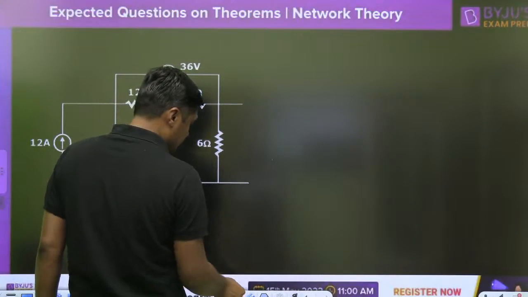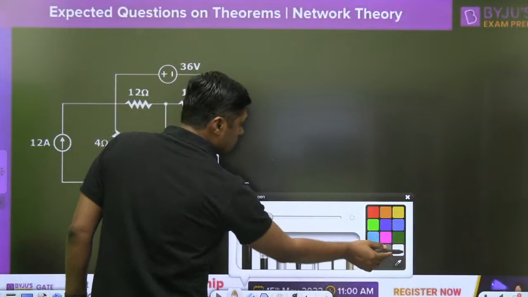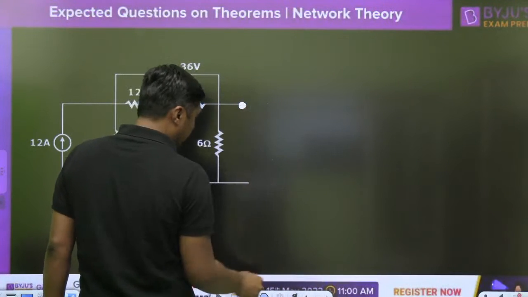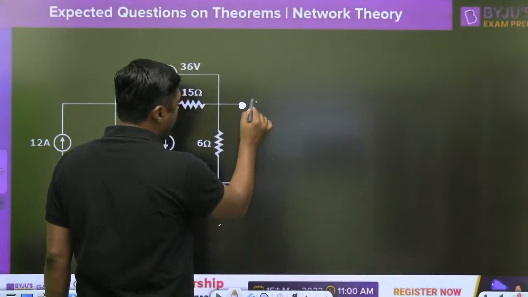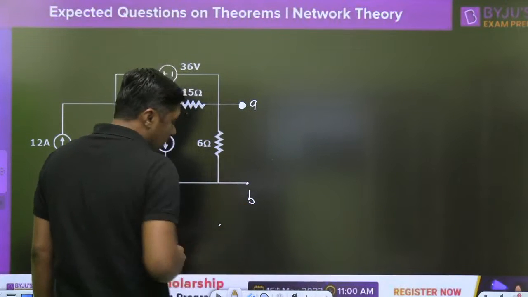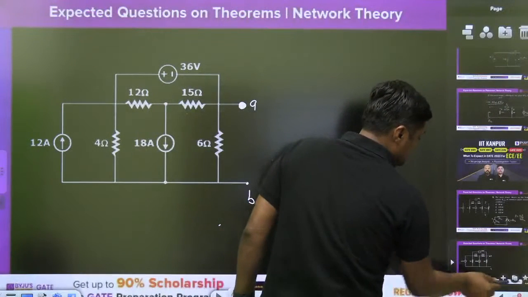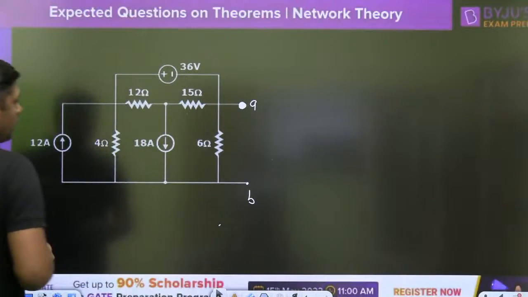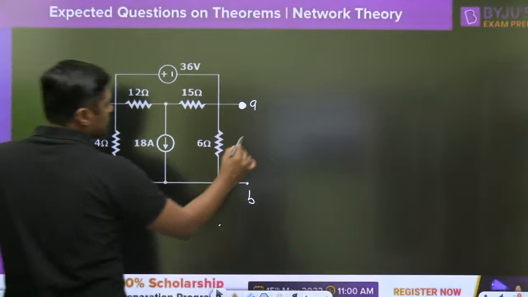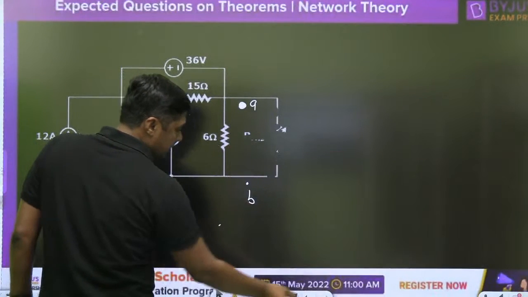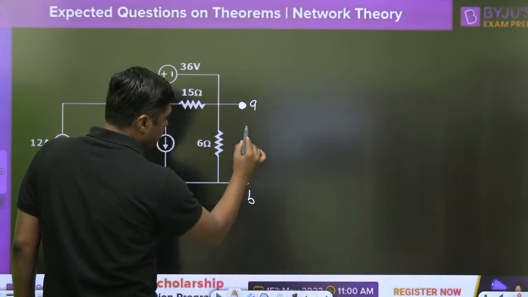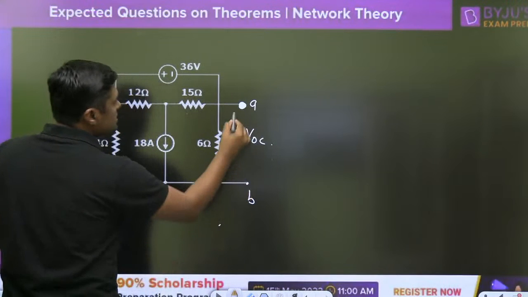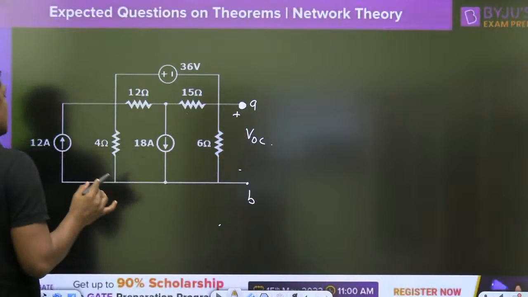And then this is terminal A and that is terminal B. Then first of all, find the VOC here. How to find the VOC? Let me give you a very simple hint.